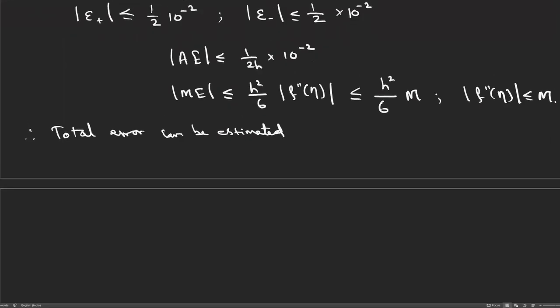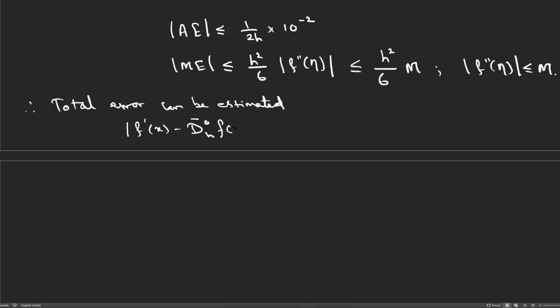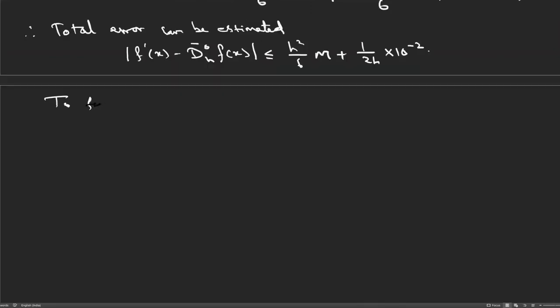Combining all this, we can estimate the total error, f dash of x minus D naught h bar f of x, as h square by 6 into M plus 1 by 2h into 10 to the power of minus 2, right? Now, to find the critical value of h, generally we denote it by h star.